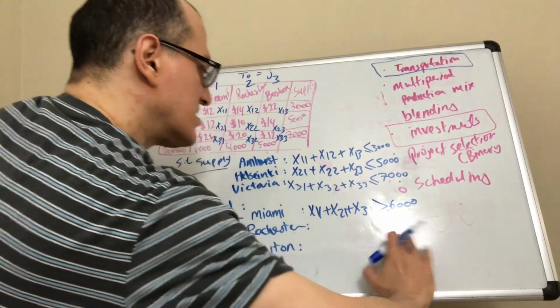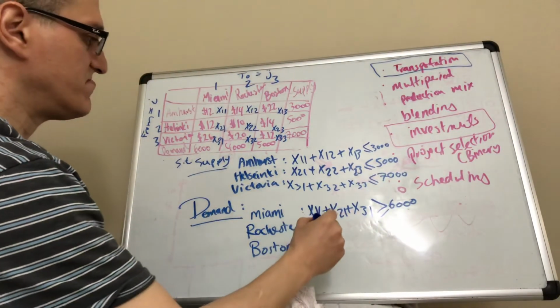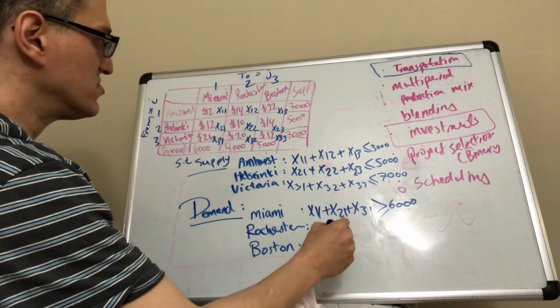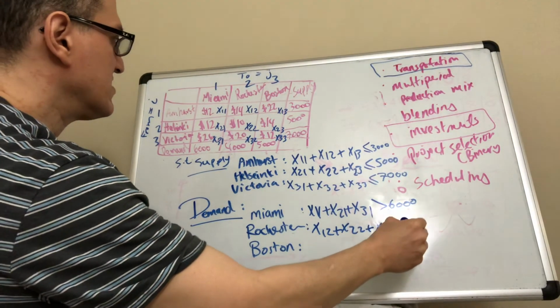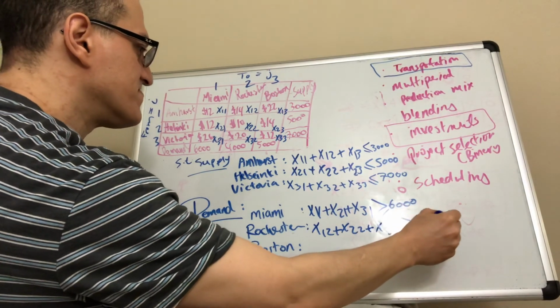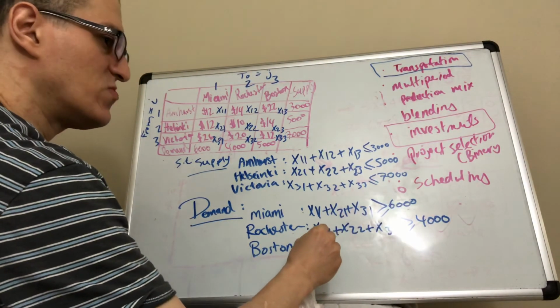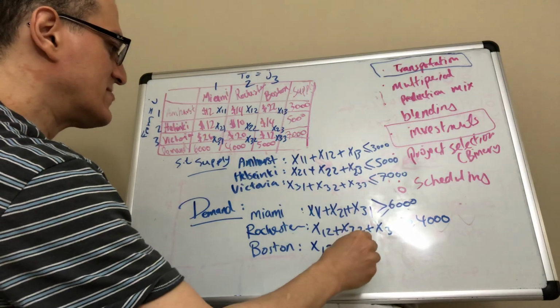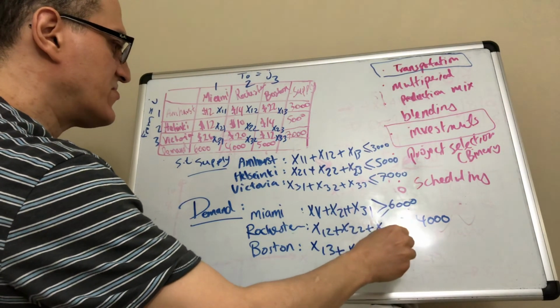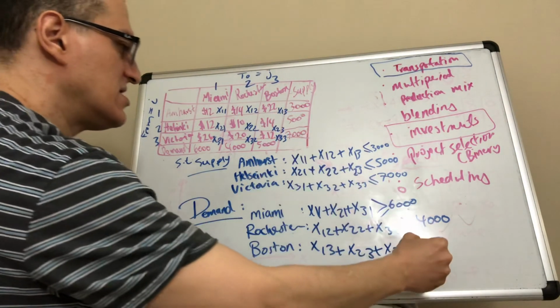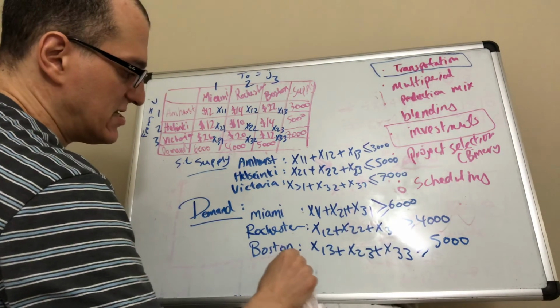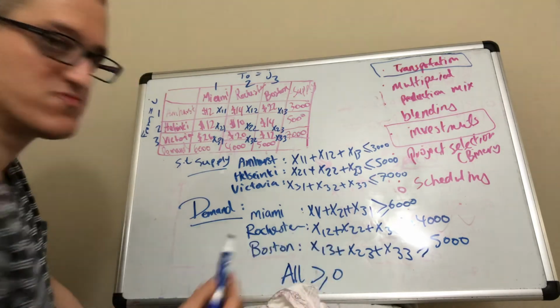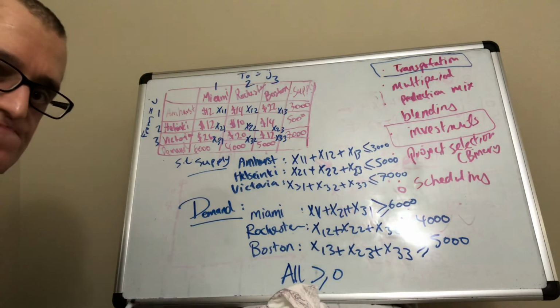We go and look at the next one, Rochester. We have 1, 2, we have 2, 2, we have 3, 2, and that must be at least 4,000. We have 1, 3, we have 2, 3, we have 3, 3 going for this one. They need at least 5,000. And again, as we said, all variables must be greater than or equal to 0.